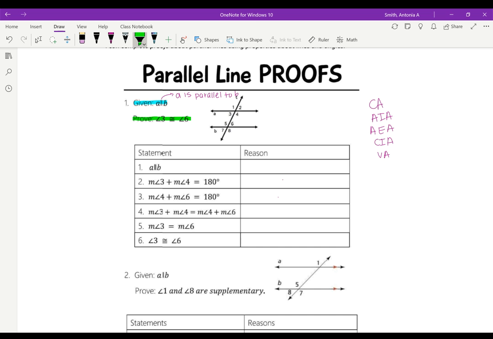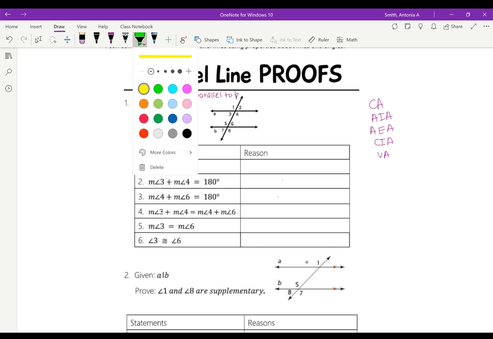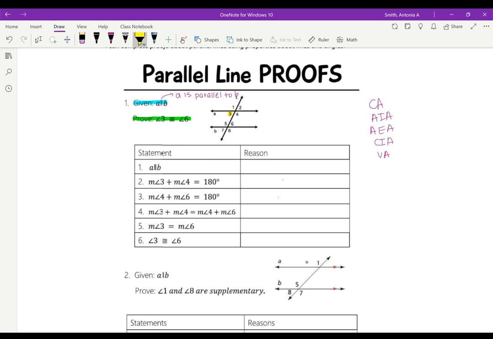So in my picture to the right here, I'm going to highlight angle 3 and angle 6. Those angles have a relationship already. If you don't remember, those are alternate interior angles. They're sandwiched in between these two lines, and they're on opposite sides of the transversal.